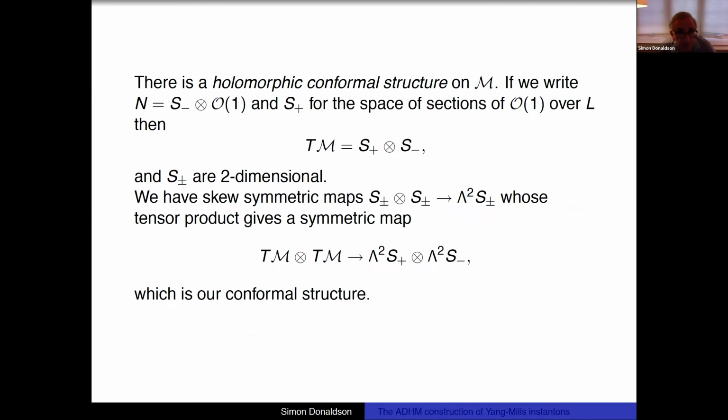So a simple but surprising thing is that there is an intrinsic holomorphic conformal structure on this family of lines, M. This comes about in a very simple way.